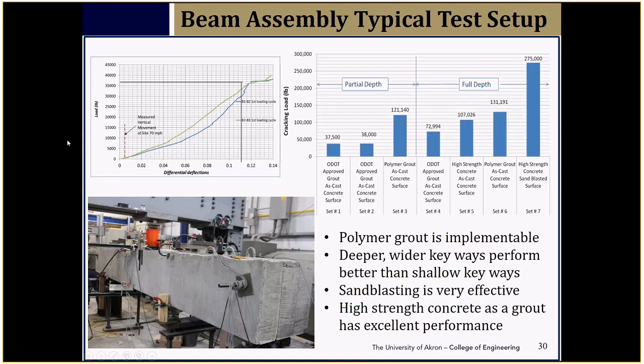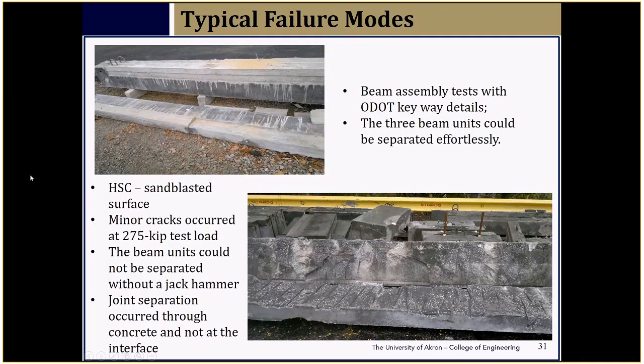And from these results, what we see is that if we have a deeper keyway joint, with twice the opening width compared to the ODOT specification, we are able to place the grout better, and therefore we are able to get better strength. So high strength concrete grout works fine.